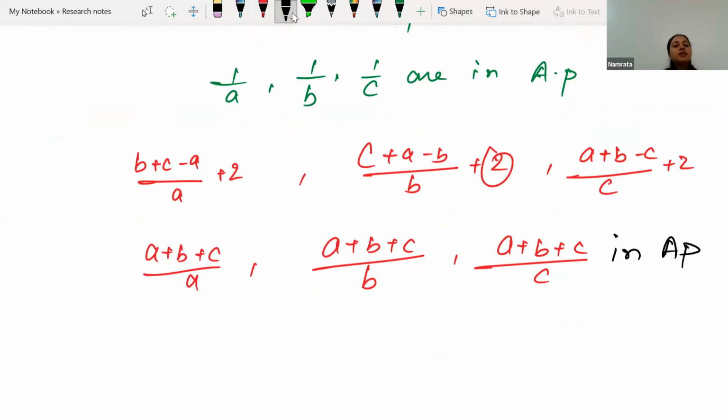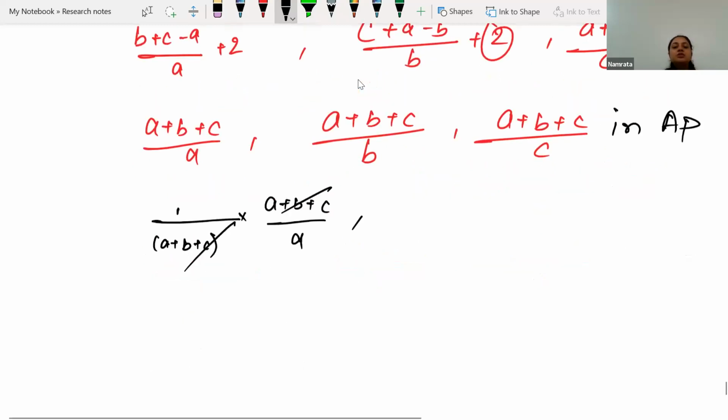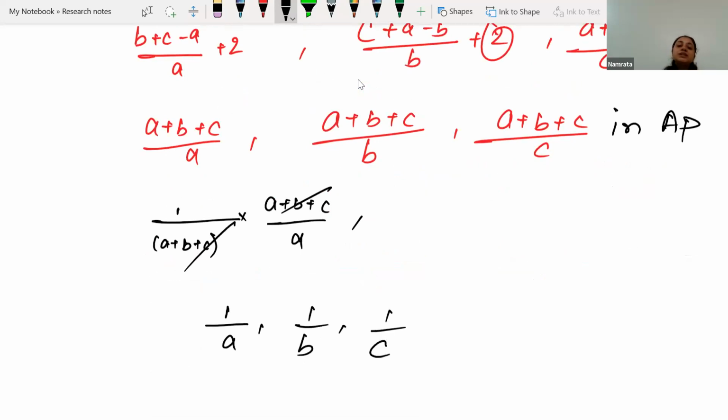Now we are going to divide each term in this AP by A plus B plus C. Here we have A plus B plus C by A, so this cancels out. Similarly, the other ones will also get cancelled. So we get 1 by A, 1 by B and 1 by C still in AP.